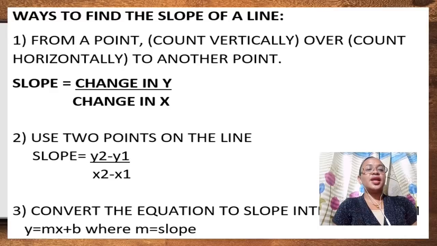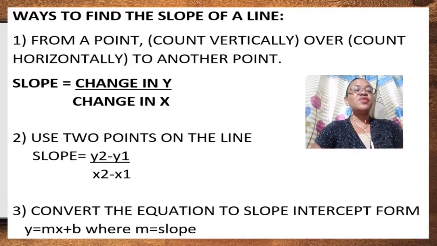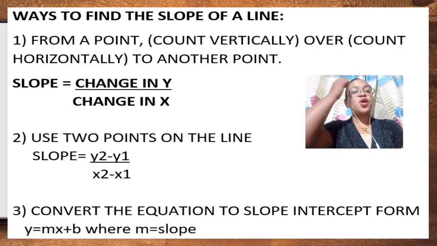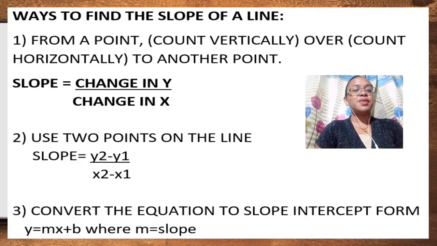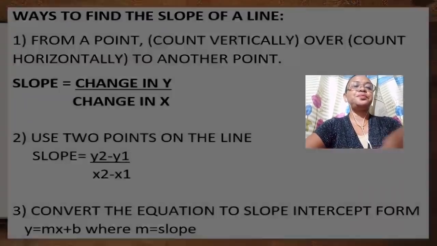The third way is you convert the equation into slope-intercept form, y equals mx plus b, where m is the slope. So the m there, the numerical coefficient of x, is actually the slope. So these are the 3 ways of finding the slope of a line.